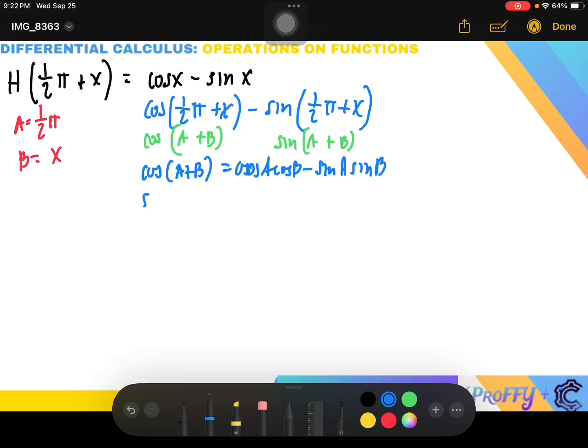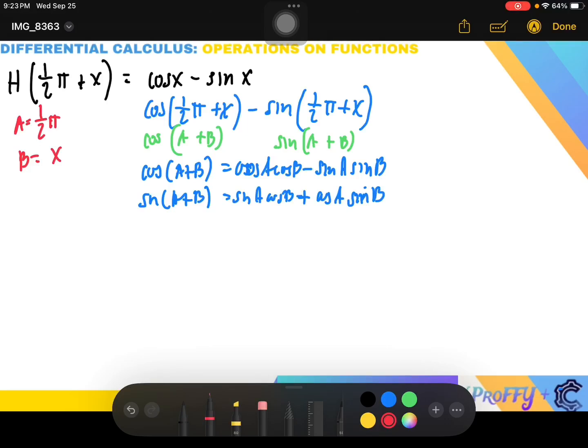And the formula for sine of a plus b is equal to sine of a cosine of b plus cosine of a sine of b. Gets? So those are the formulas, guys. This is called the addition of angle identity.